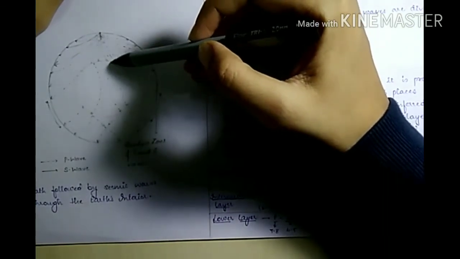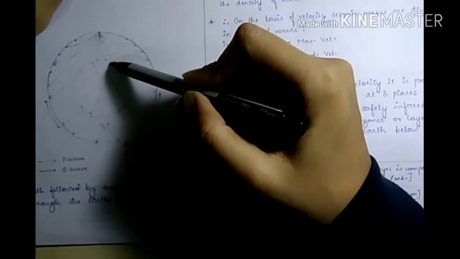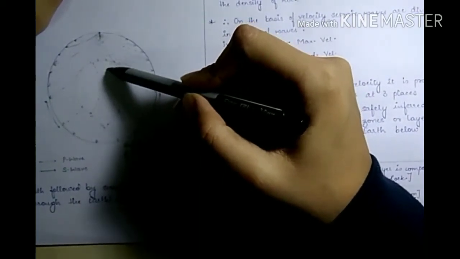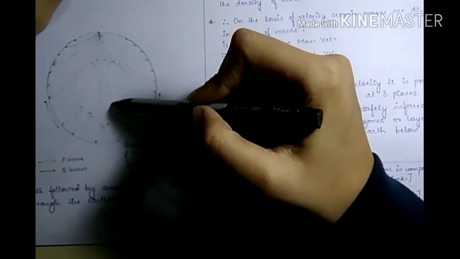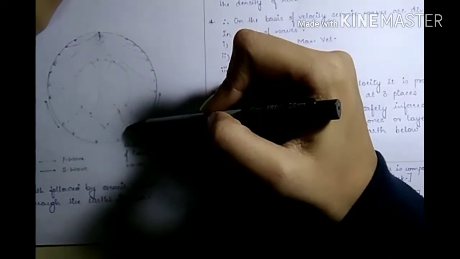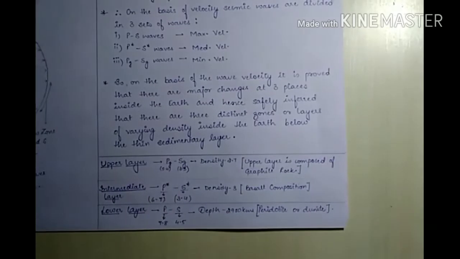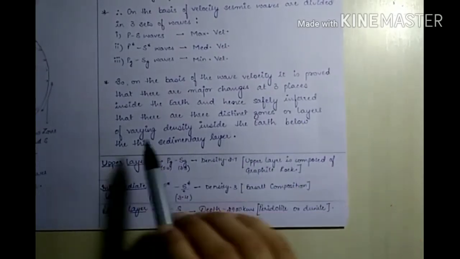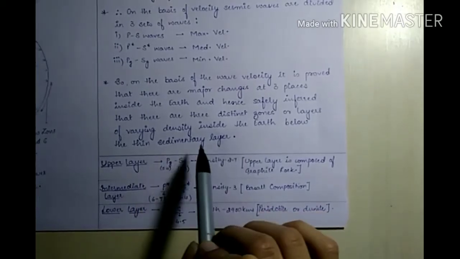As soon as it enters this area, okay, it changes its direction and then follows this path, and then as soon as it comes out, it again changes its direction and follows this path. So it was safely inferred that there are three distinct zones or layers of varying density inside the earth below the thin layer of sedimentary layer.